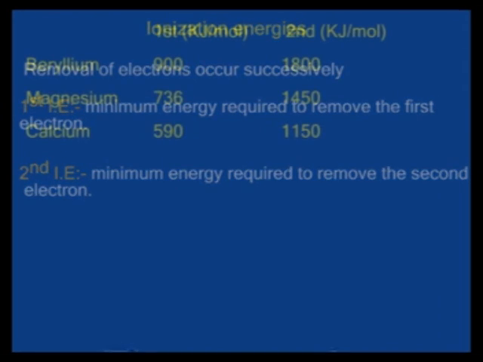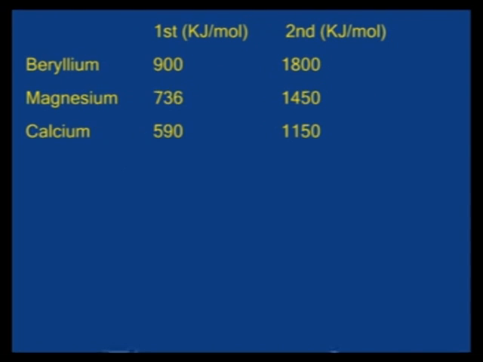Here is a table on the screen showing the ionization energies for those 3 elements, and clearly the 2 ionization energies are different. Keenly look at this table and you realize a familiar trend. The ionization energy decreased down the group.